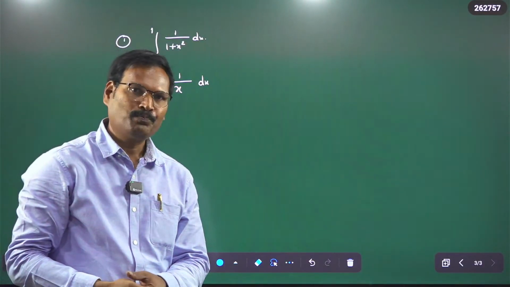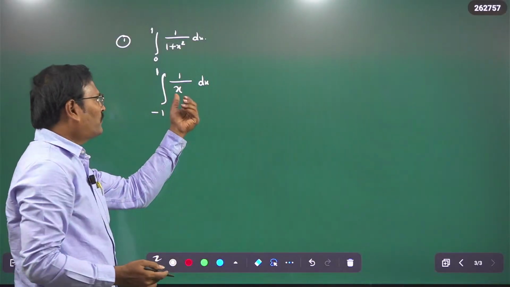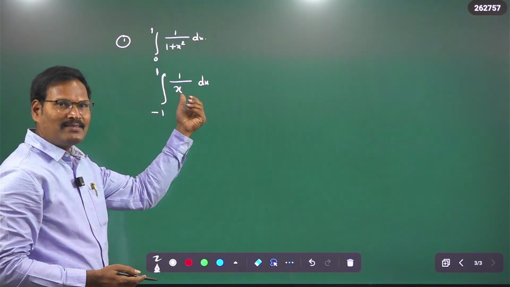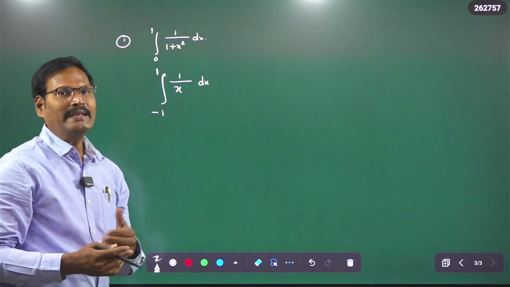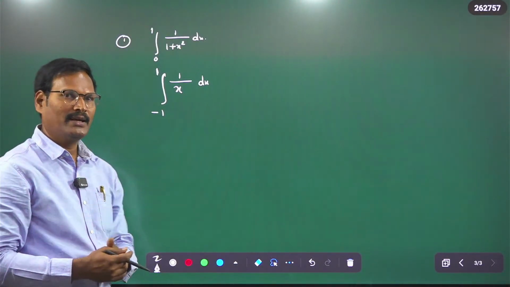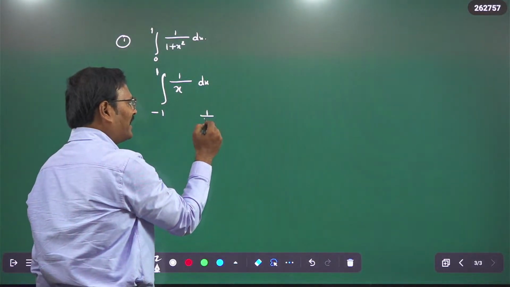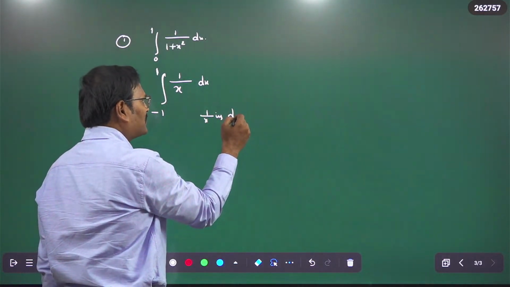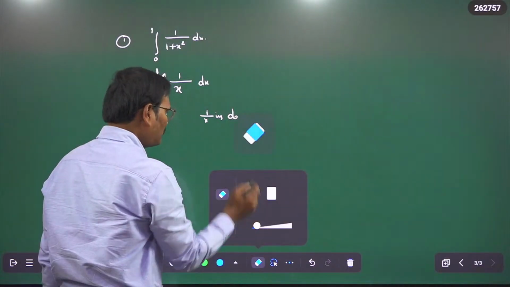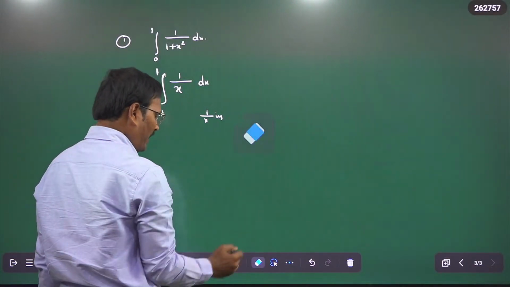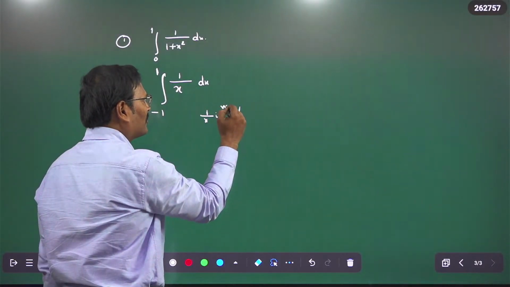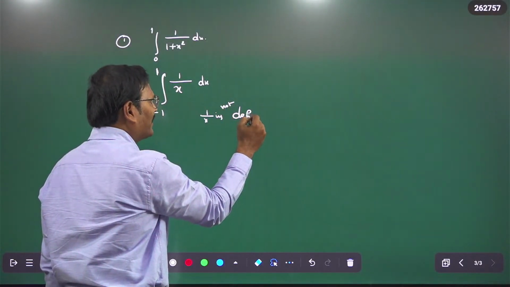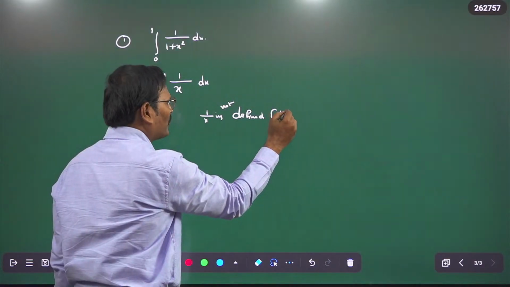Yes or no? Before going to find, first we have to check, is the function defined in the interval minus 1 to plus 1? So the integration is not defined here. Why? Because 1 by x is not defined in the interval minus 1 to plus 1.